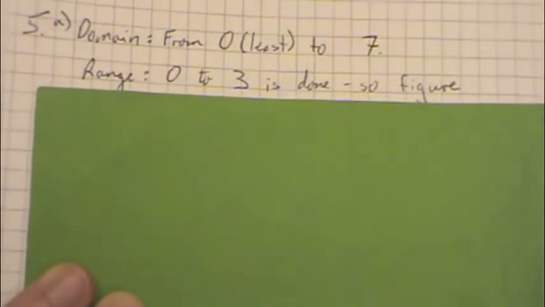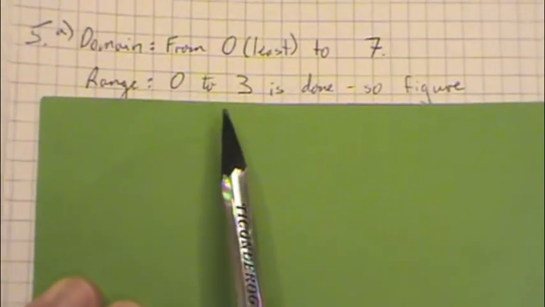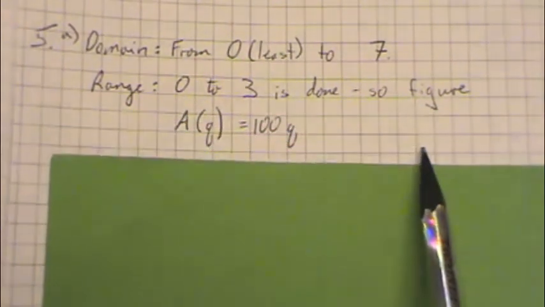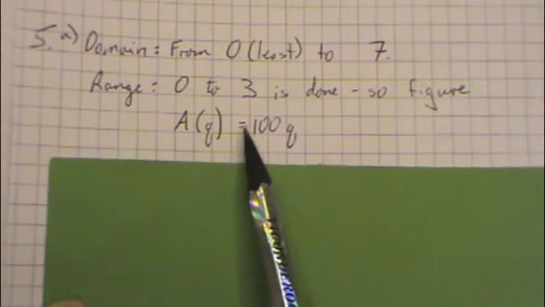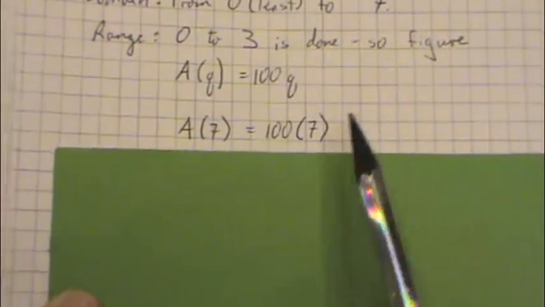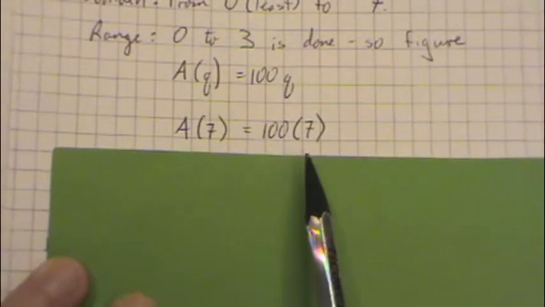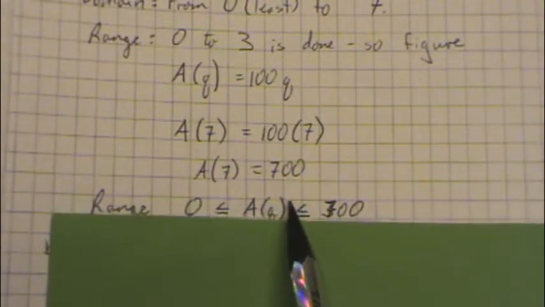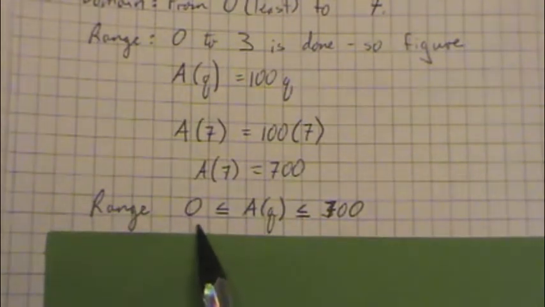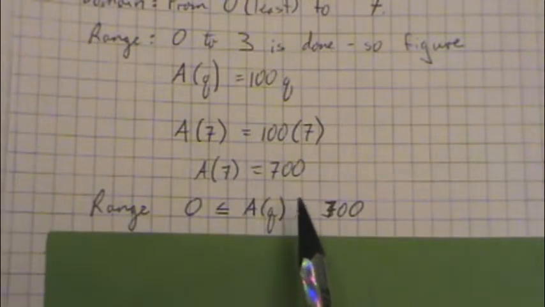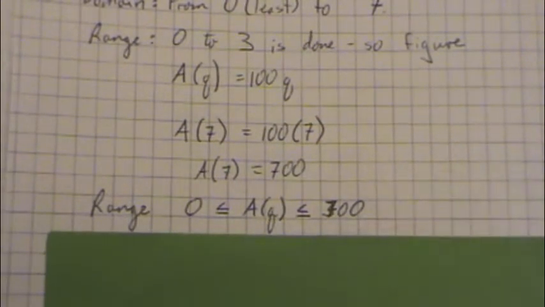So to try and figure out the range, we already have the range for using up to 3 quarts of paint. So just try one more number. Here's the function we were given. Put 7 in, because that's our maximum domain value. A of 7 equals 700. So the range of this function, if we have 7 quarts of paint, is from 0 all the way up to 700.